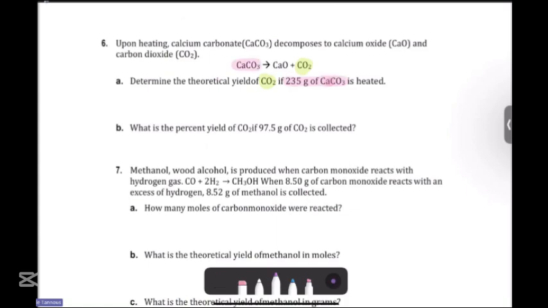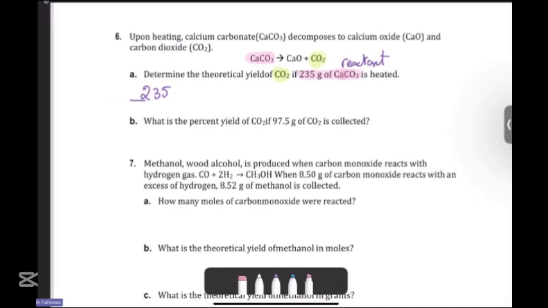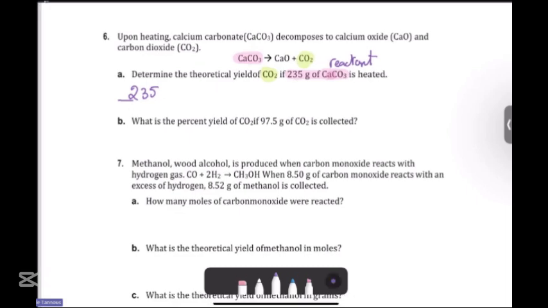So this question is done in steps because as you can see here they've given us the actual yield. So we start with the mass of the given reactant. Again, the mass of the given will be divided by the molar mass of the reactant, and the molar mass of calcium carbonate is 100.